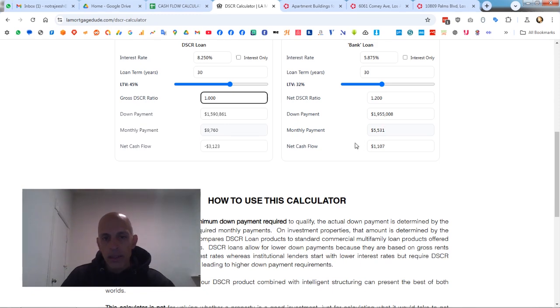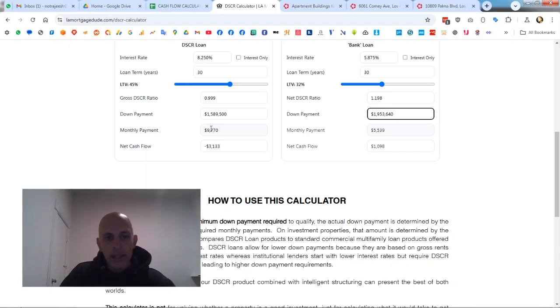And the other thing this calculator does is show you cash flow at the bottom. So just because you can get this at a lower down payment in this example, with this DSCR loan, you can get it for $1.5 million down versus $1.9 million down, because DSCR ratios are calculated differently.